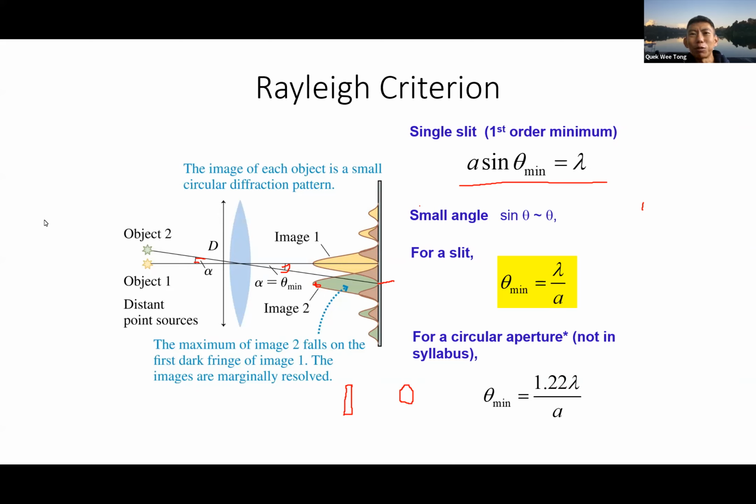It contains 1.22. Obviously, this is a product of some more complicated manipulation. It's not as straightforward as what we derived for the rectangular slit. The rectangular slit one is simply the formula for single slit diffraction. The circular one needs extra work.